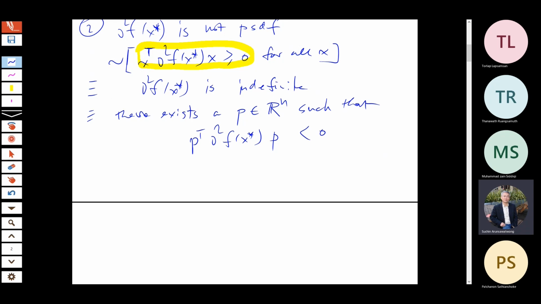Then from this, we will consider the Taylor series expansion of the function f up to the second order, in the direction of the vector p. So we consider the Taylor's expansion of the function f in the direction of this particular vector p.